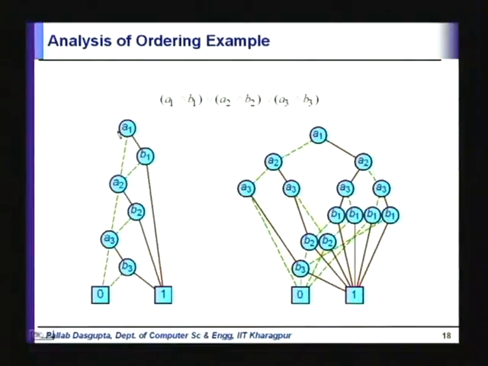So, the first problem SAT is in NP, the validity problem is in co-NP. If you have the BDD, you can answer both. You can say whether it is satisfiable, you can say whether it is valid, right. So, that is a nice property of this, and so we are spending time in building the BDD, but once we have the BDD you can answer a lot of questions, right.